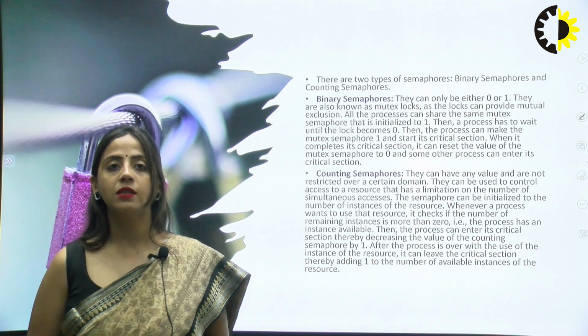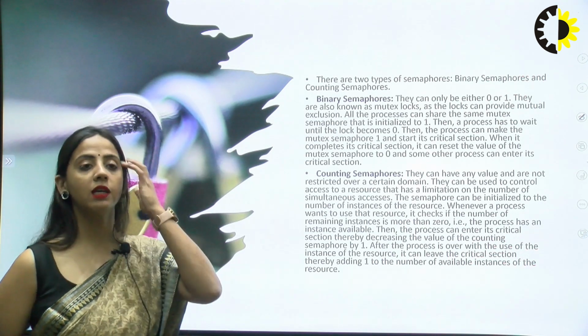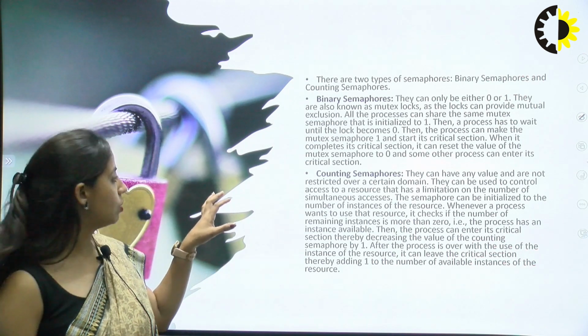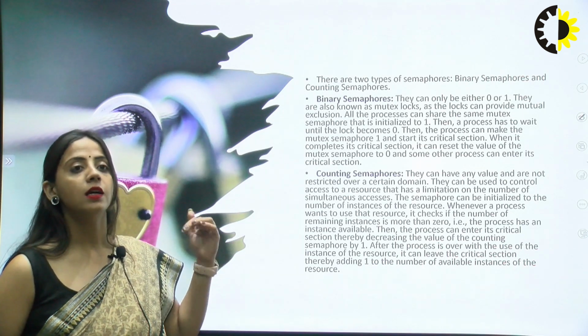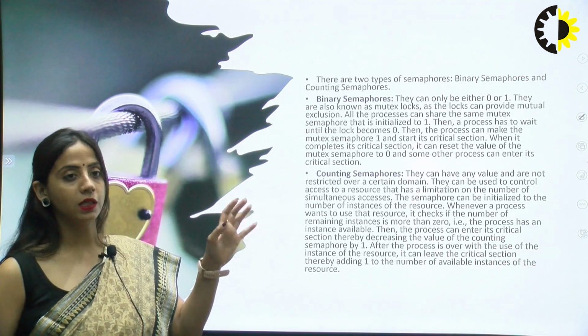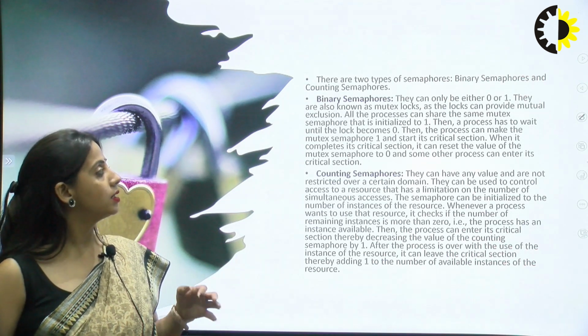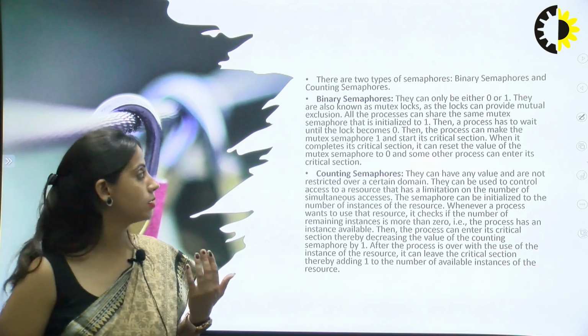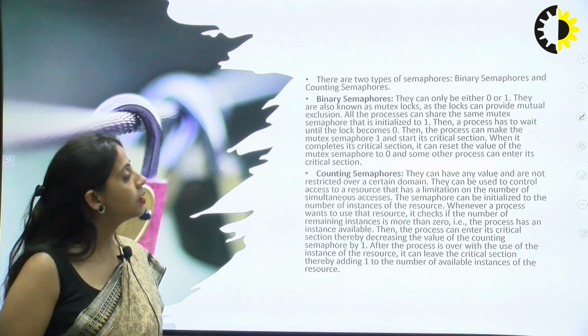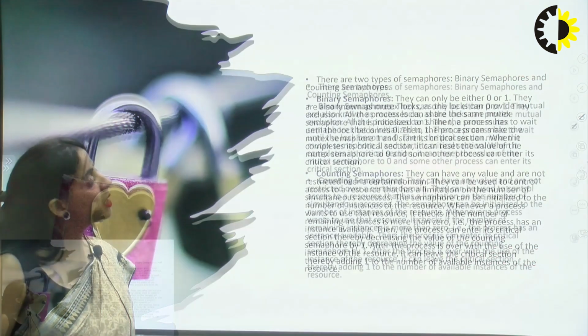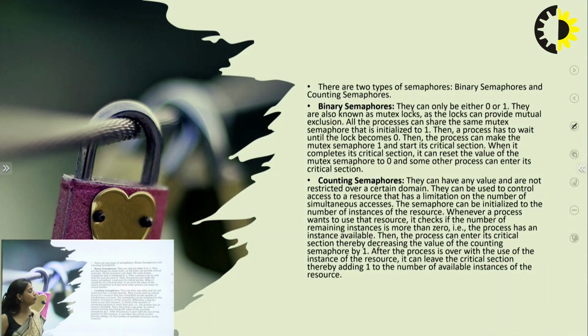Now what is a binary semaphore? Binary semaphores can be only either 0 or 1, as the name suggests. It is a binary kind of semaphore, so automatically the value will be either 0 or 1. They are also known as mutex locks, as the locks can provide mutual exclusion. All the processes can share the same mutex semaphore that is initialized to 1.